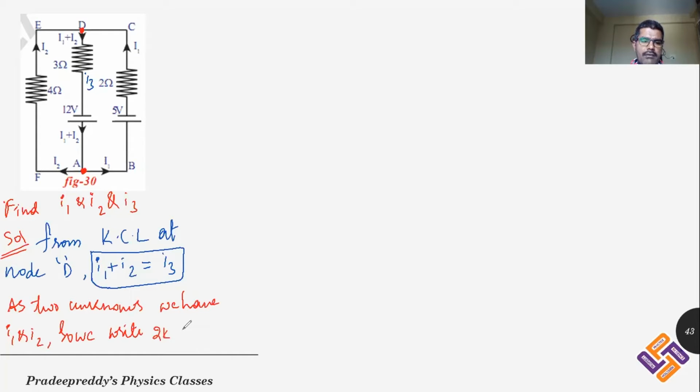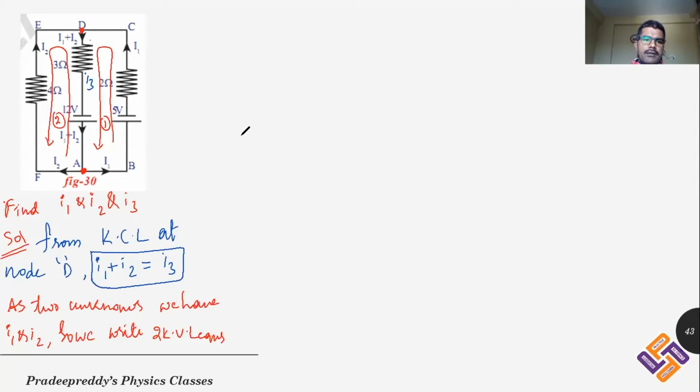So we will be writing 2 KVL equations. Now I can use those KVL equations. You can take one loop, this has one loop, and take this as the other loop.